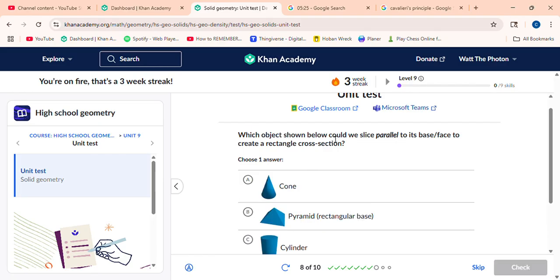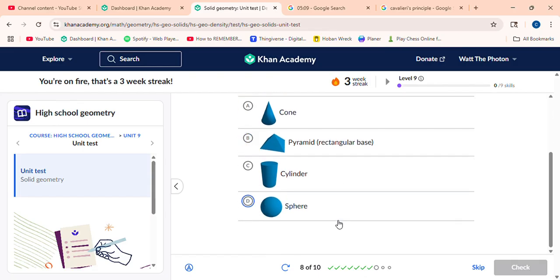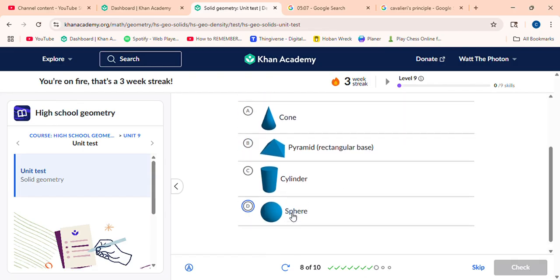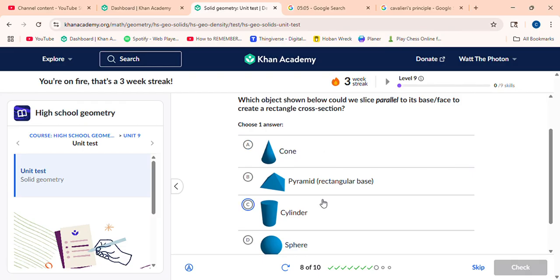Which object below could be sliced parallel to its base to create a rectangular cross section from its base to its face? This one you'll always get a circle. That one you'll get a circle.